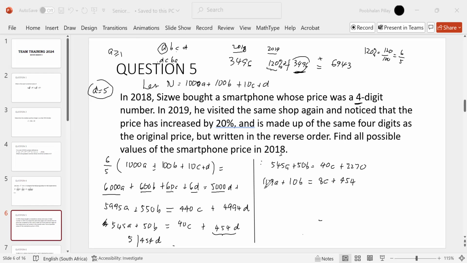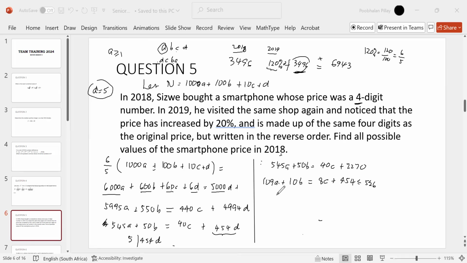Let's see by inspection, because this will be 545, and the largest possible value this can have is 454 plus 72, which is 526. So this thing here is less than 526, because the largest possible value for C is 9. So A equals 5 doesn't work, so you could have A equal to 4.